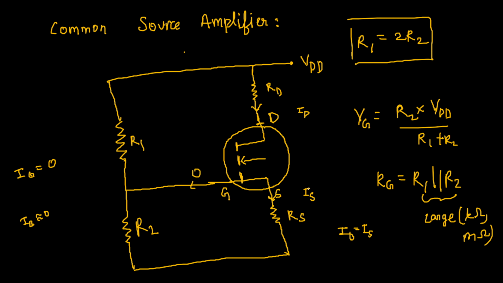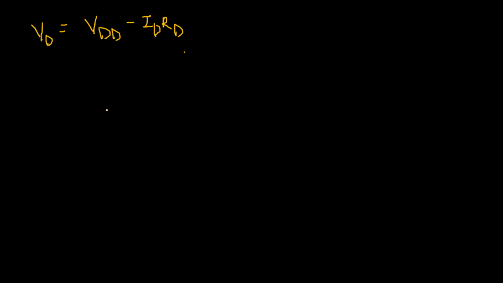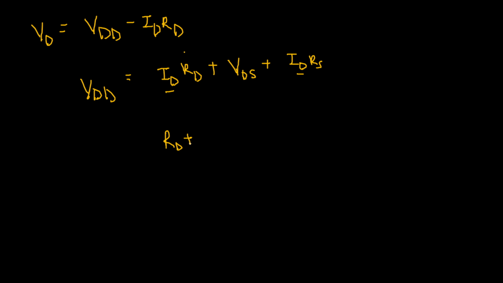However, we know that IS is equal to ID, so we can directly write this as ID into RS. So I have VDD is equal to IDRD plus VDS plus IDRS. I take ID common from here, and then I get RD plus RS is equal to VDD minus VDS divided by ID. And similarly, I can write ID is equal to VDD minus VDS divided by RD plus RS.